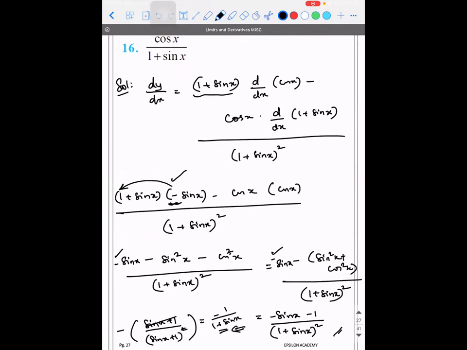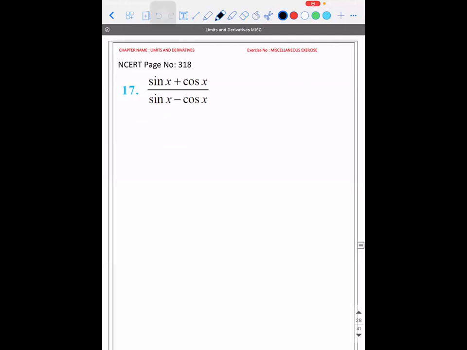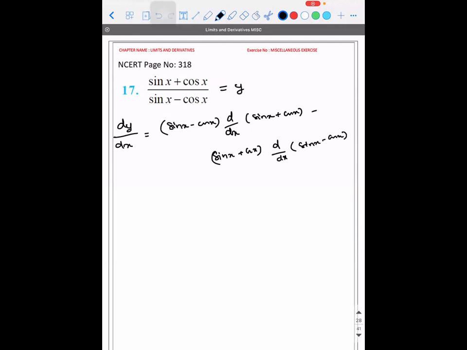I completed. Okay. So (sin x plus cos x) by (sin x minus cos x). If I take this as y, dy by dx will be equal to (sin x minus cos x) into derivative of (sin x plus cos x), minus (sin x plus cos x) into derivative of (sin x minus cos x), the whole divided by (sin x minus cos x) the whole square.